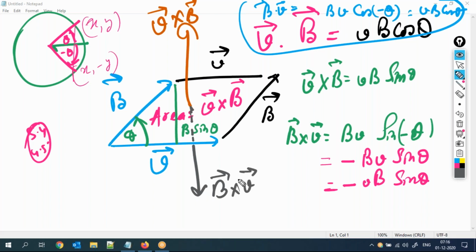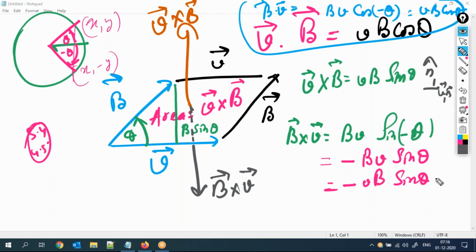So this is a vector n perpendicular to V and B both. I write like this, you will not see in the books.